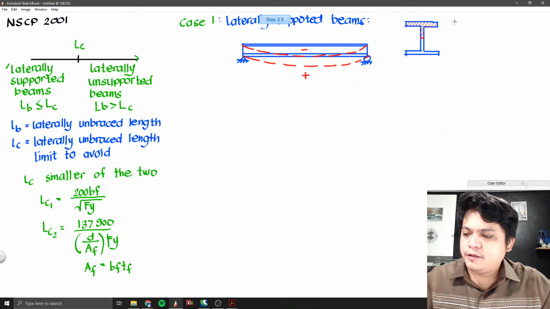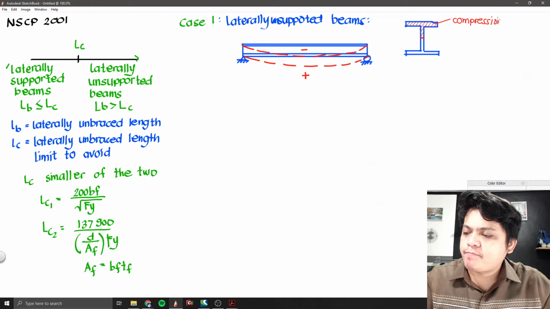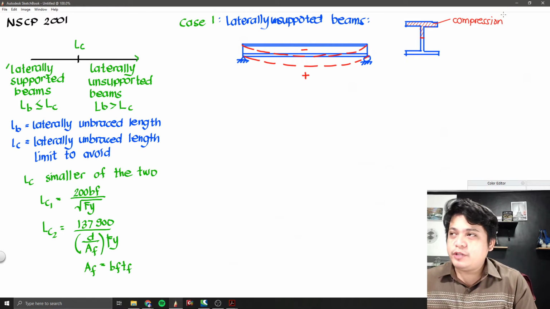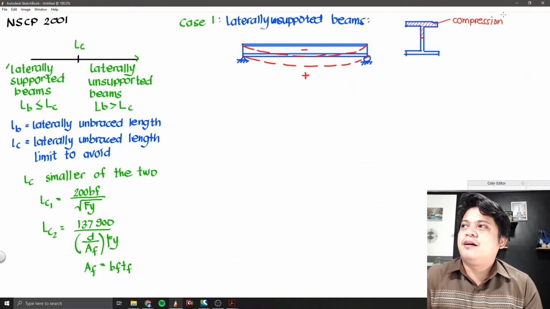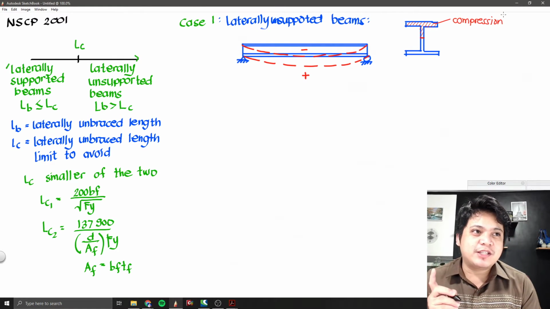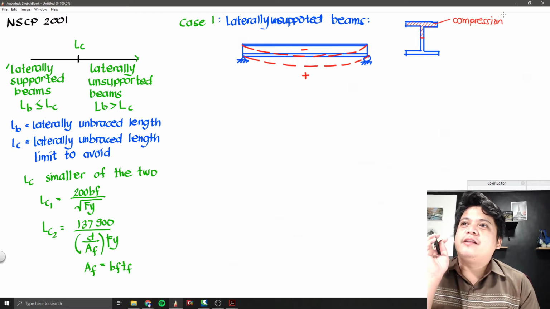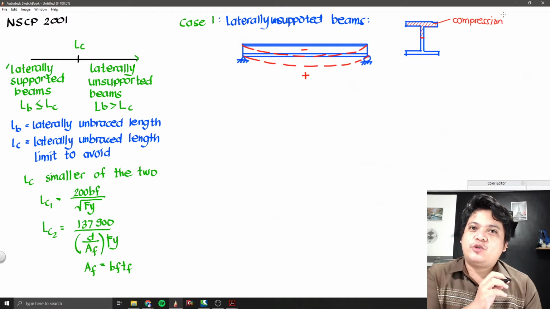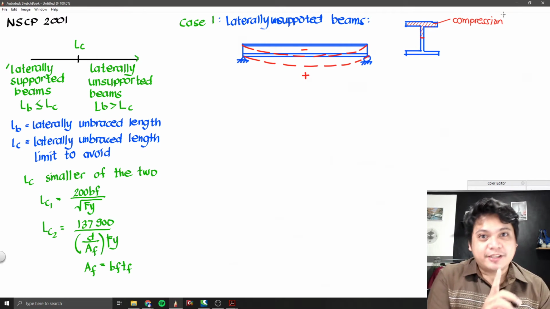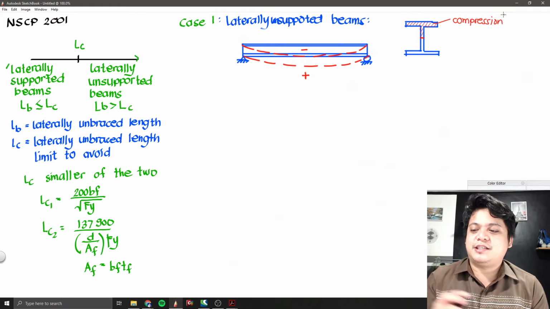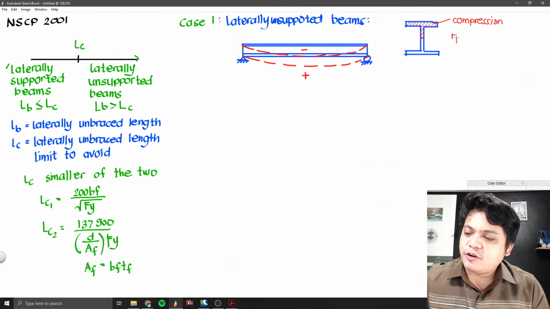We need to get 1/6 of the whole web, that is, 1/6 of the compression web, and then get its slenderness ratio about the weaker axis. That is RT, the slenderness ratio.